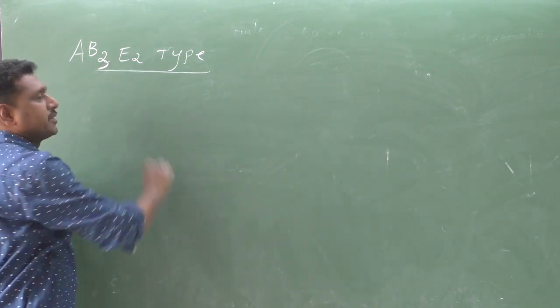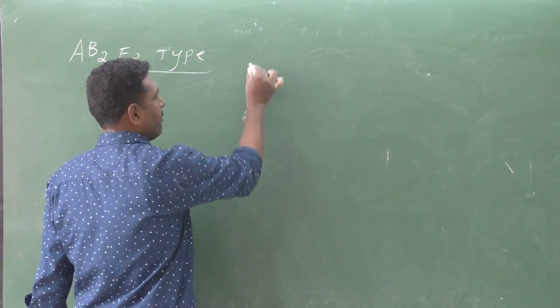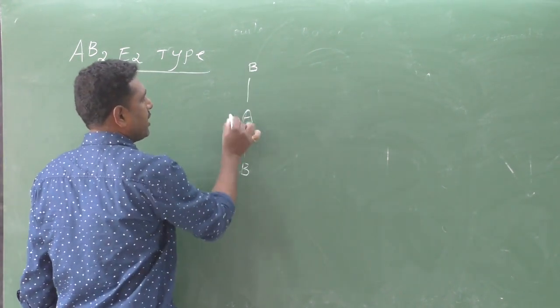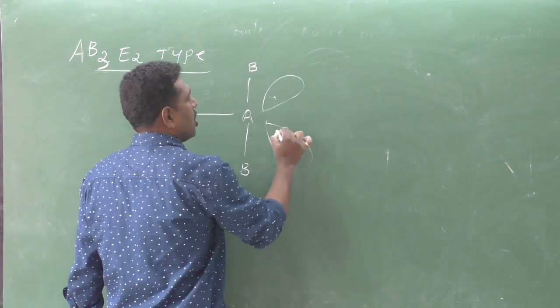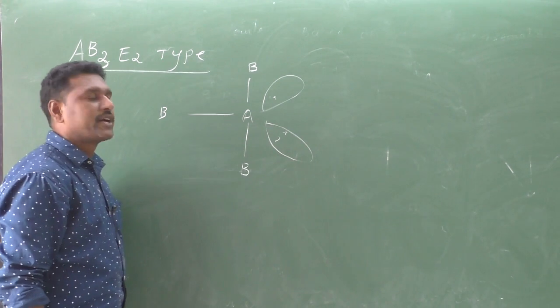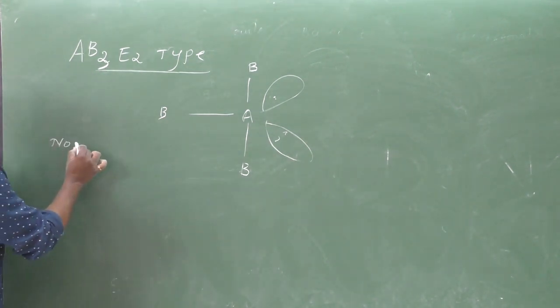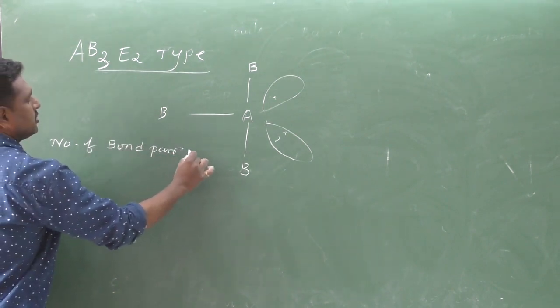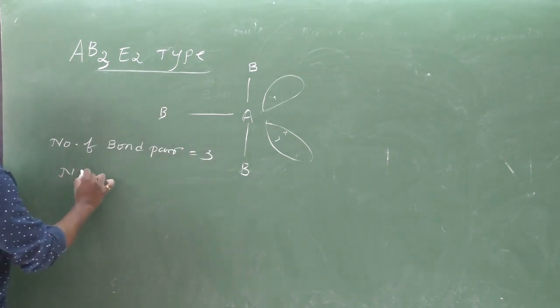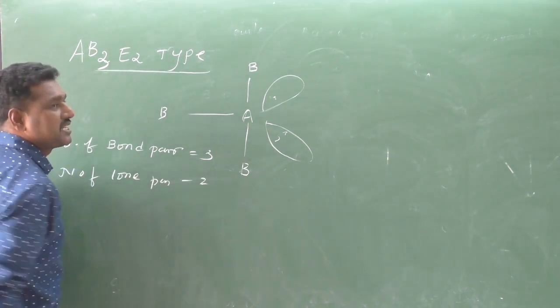AB3E2 type. So A, B, here a lone pair, here a lone pair. 2 lone pairs and 3 bond pairs. Number of bond pairs 3, number of lone pairs 2.